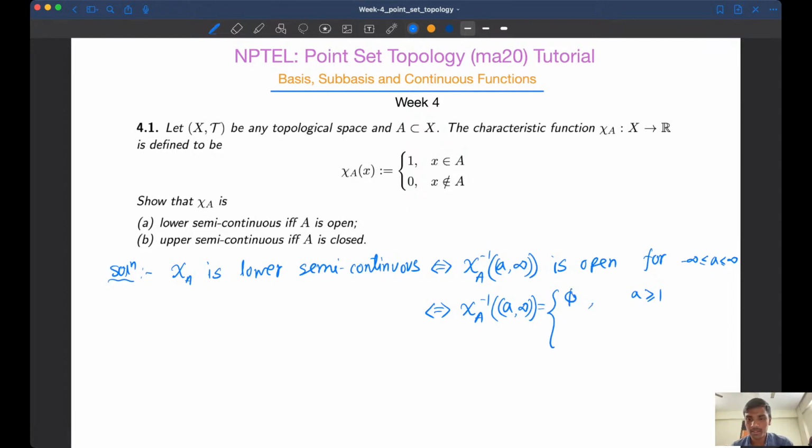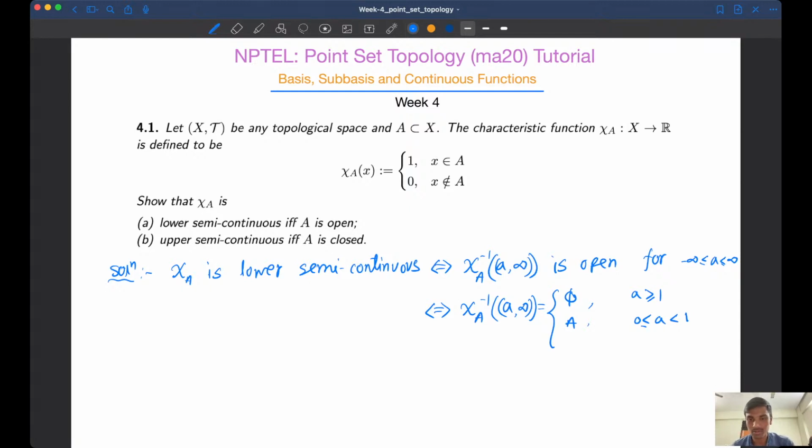And if a is strictly in between 0 and 1, then it will involve 1, right? So then it is A, and I think we can include 0 here too, since it is an open interval.